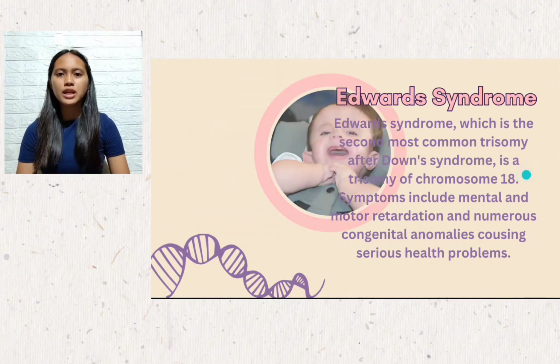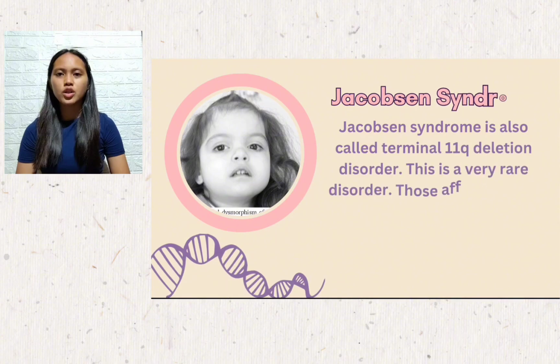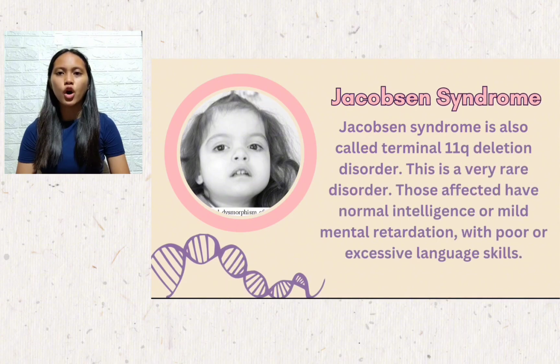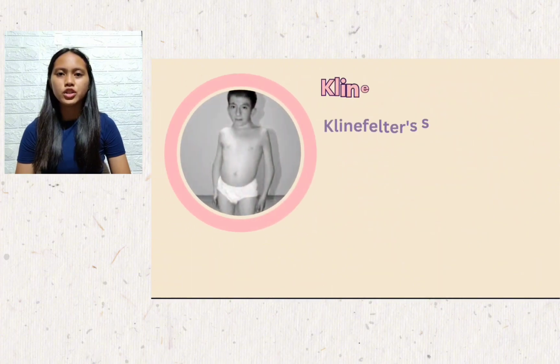Number 3 is Jacobsen syndrome. It is a genetic condition caused by a deletion on the long arm of chromosome 11, 11q terminal deletion, resulting in features such as sparse facial hair, reduced muscle tone, and other physical characteristics. Number 5 is Klinefelter syndrome.